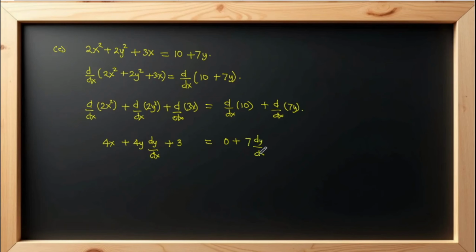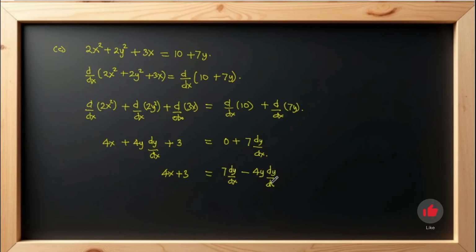Now let's join this component with dy by dx to the right hand side, and we're left here with 4x plus 3 equals 7 dy by dx minus 4y dy by dx.